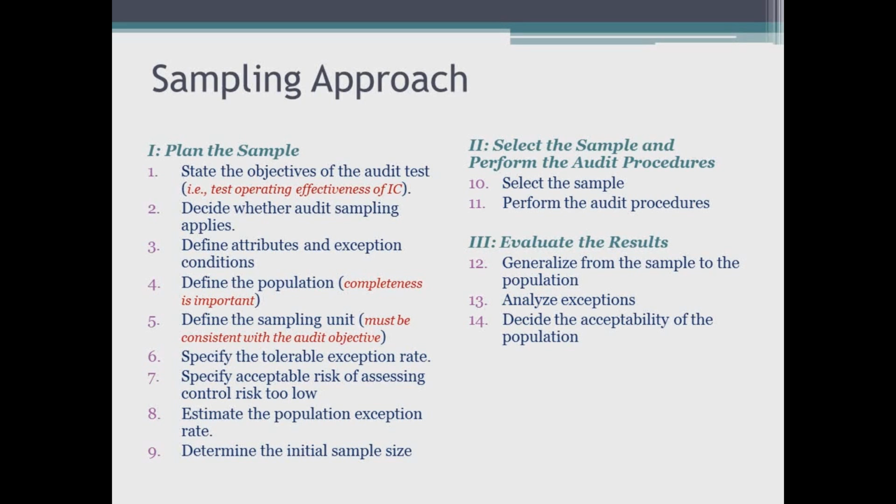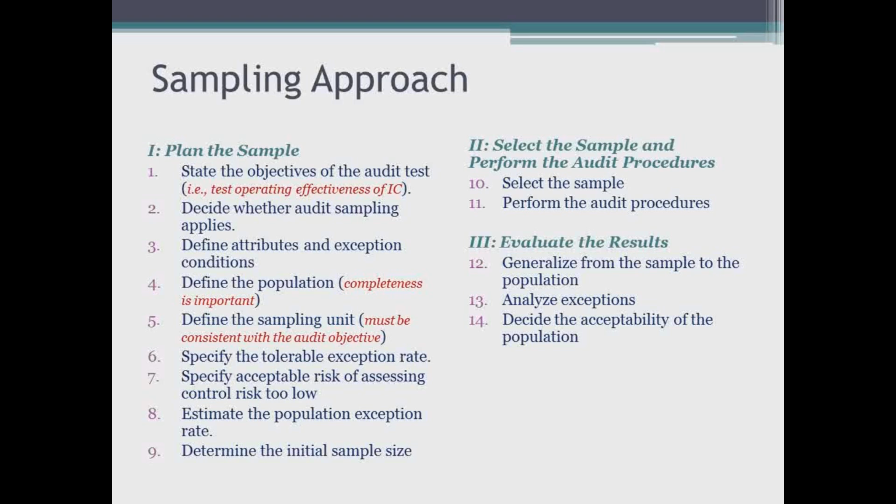So now what you're seeing on this table, though, is that instead of numbers for acceptable risk of assessing control risk too low, it's low, high, medium. That is quite possible; you'll see that out on your audits, or you'll see numbers as we saw in the previous example, right? Usually if it's statistical sampling, they'll use numbers, and if it's non-statistical sampling, they'll use high, medium, low. In this case, they're using high, medium, or low, and then you'll see the initial sample size.